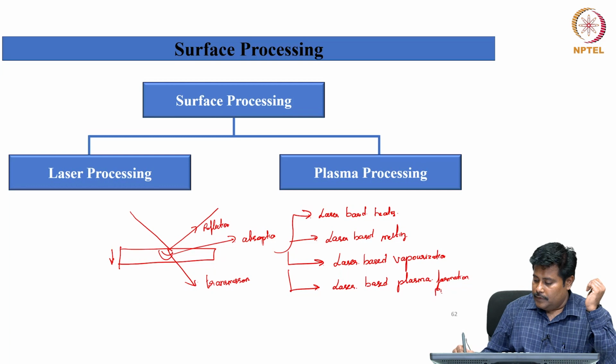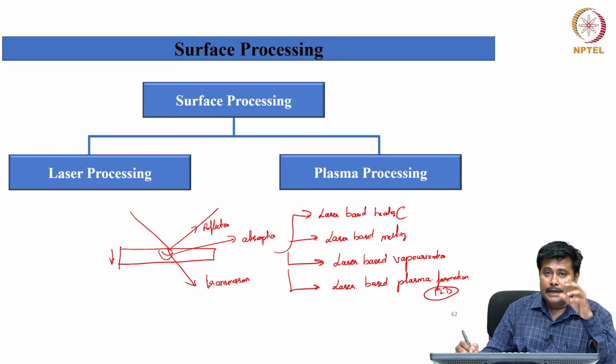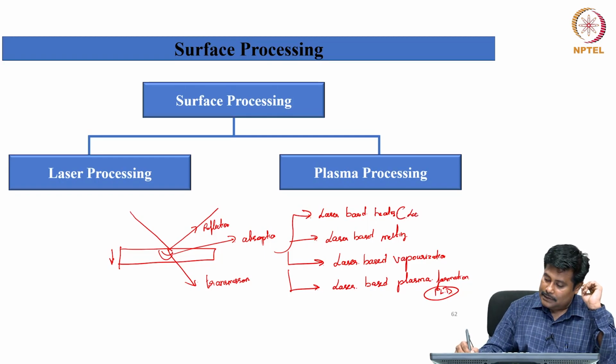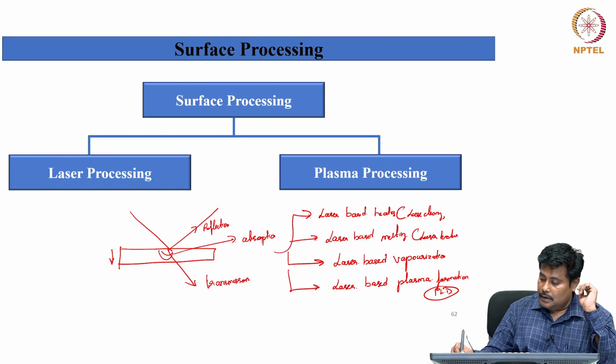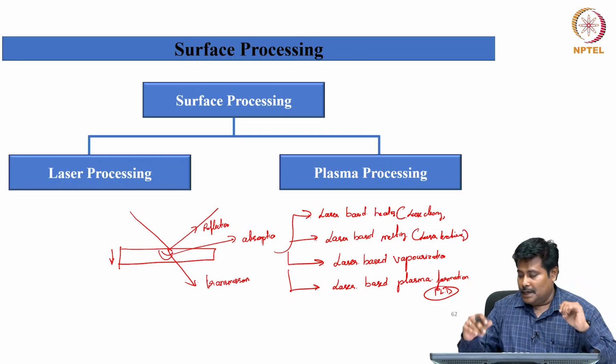So PLD is a very good example of laser based plasma formation. As far as laser based heating is concerned, we can have a laser cleaning process, laser based functionalization process, laser texturing, etc. These come under this particular category.